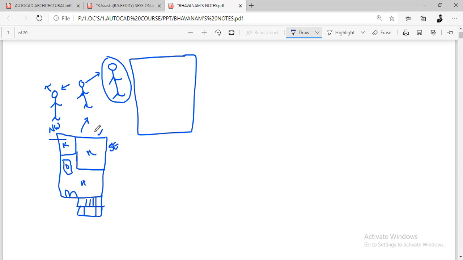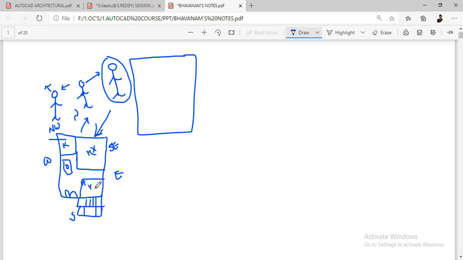At that time he says that whatever the engineer gave, the drawing is not correct. So if this is north, this is east, this is south, and this is west, then this pujari says, if it is southeast, you need to provide a kitchen. Like that he modified it.